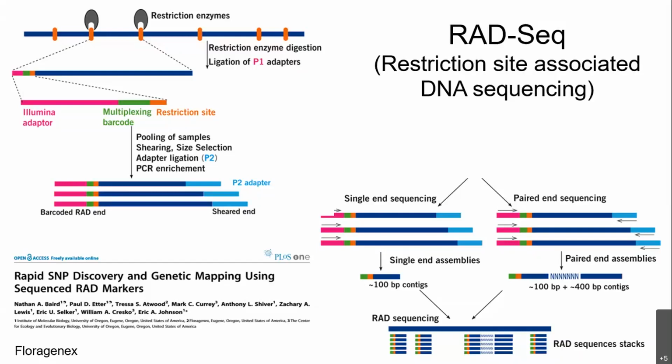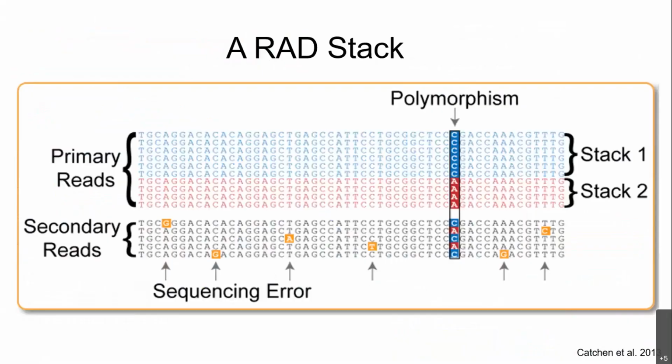Zooming in on the RAD sequence stacks, a stack is basically a locus with different sites, and as you can see the polymorphism here, in stack 1 at that position it's a C, but for stack 2 at that position it's an A. We call those single nucleotide polymorphisms, or SNPs, so if you hear SNPs with RAD-Seq, that's what that is. You can use that to do those population genetic estimates that we've been doing for years. That's just a rundown on RAD-Seq.